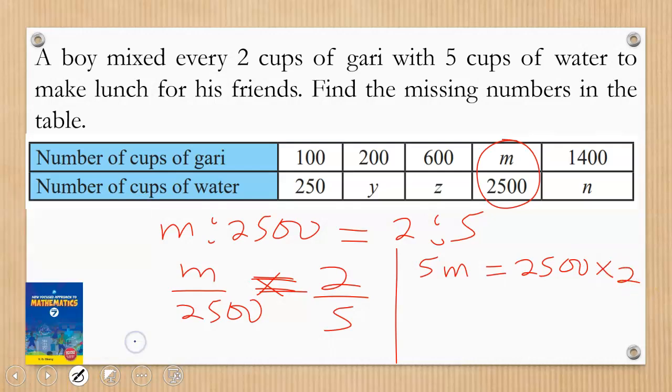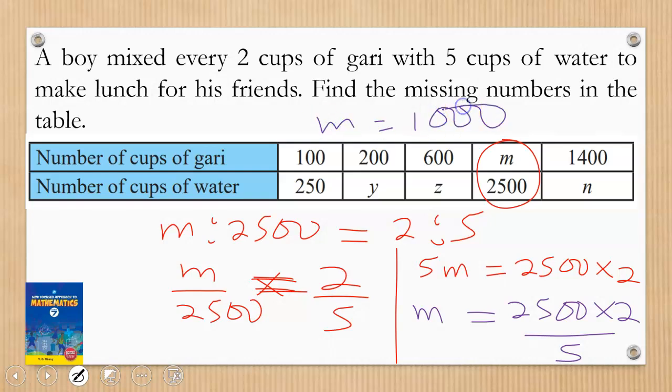When we divide both sides by 5, we are going to have 2,500 times 2, all divided by 5. And 5 can divide 2,500 as 500. And 500 times 2 will give us 1,000. So m will be equal to 1,000.